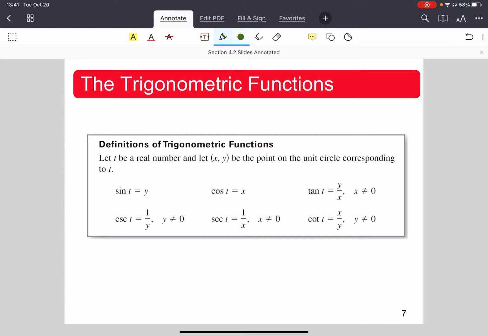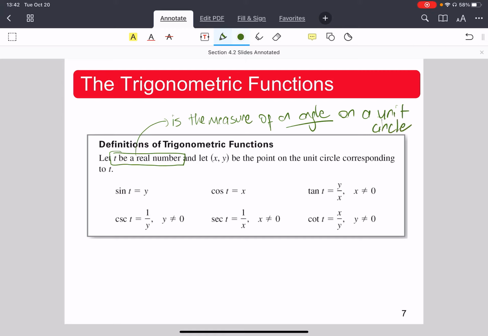Let t be a real number. t might seem confusing, but t is the measure of an angle on a unit circle. So this is just a measure of an angle.